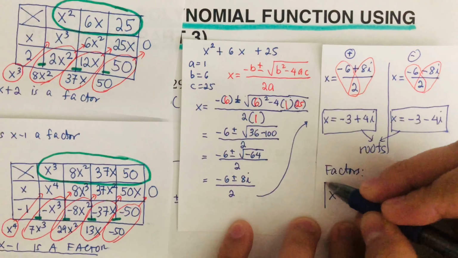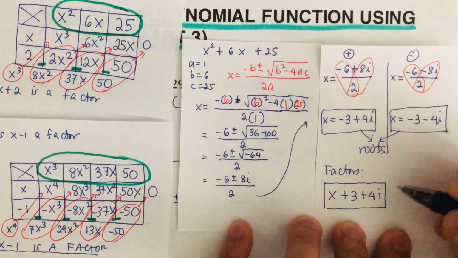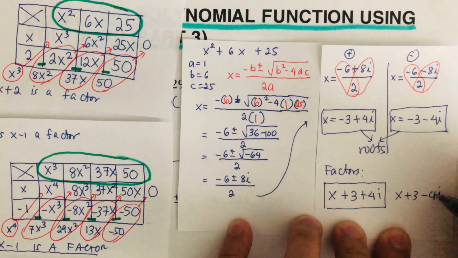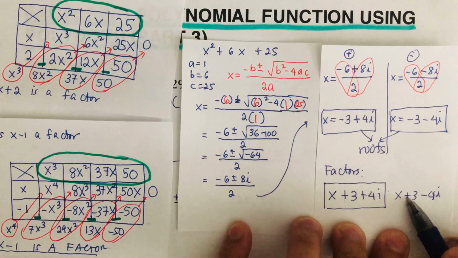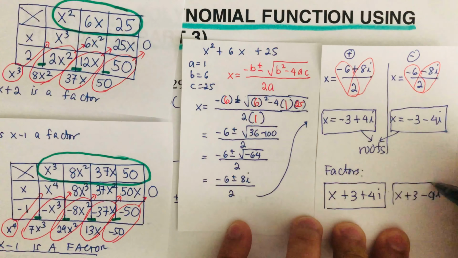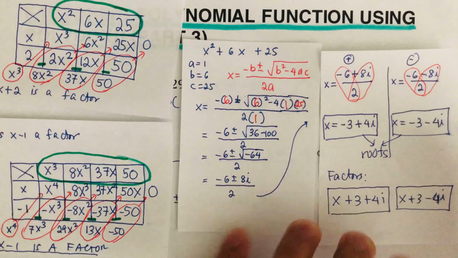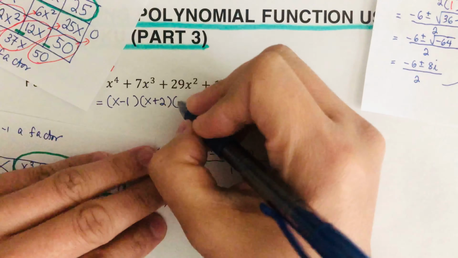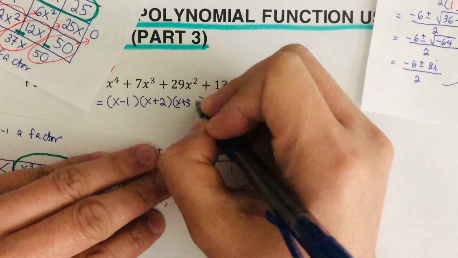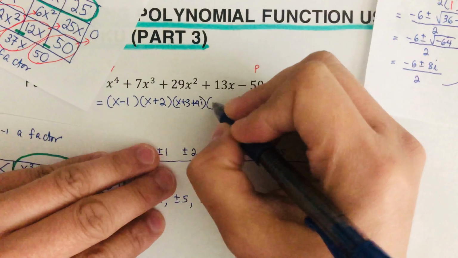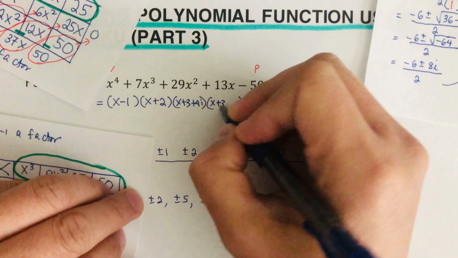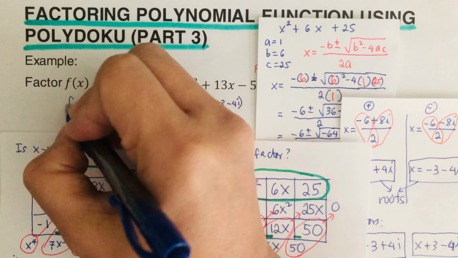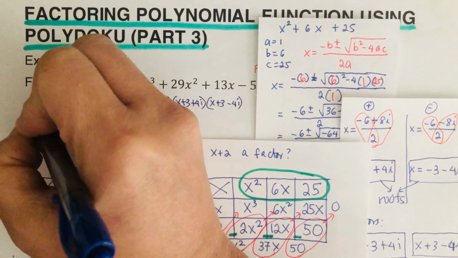So that's the first factor. And then the other factor would be x plus 3 minus 4i, because again, that's switch and keep. And so these are the other two factors that would complete the factors that we have right here. So that would be x plus 3 plus 4i and x plus 3 minus 4i. And so this one right here is our factored form.